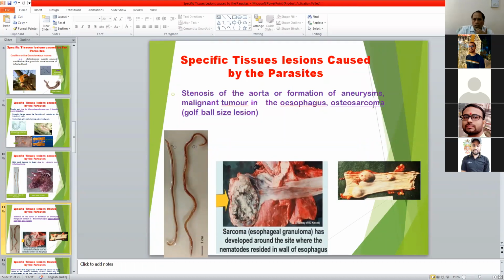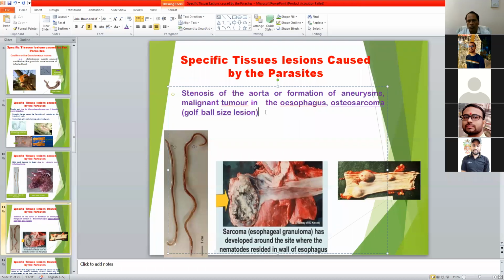Then osteosarcoma, that is a golf ball like lesion, occurs during Spirocerca lupi infection. Spirocerca lupi is a nematodal parasite commonly found in its final host, the dog, so it is known as the esophageal tumor worm.